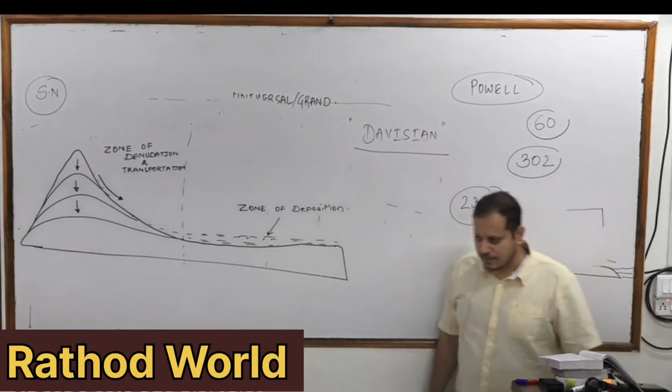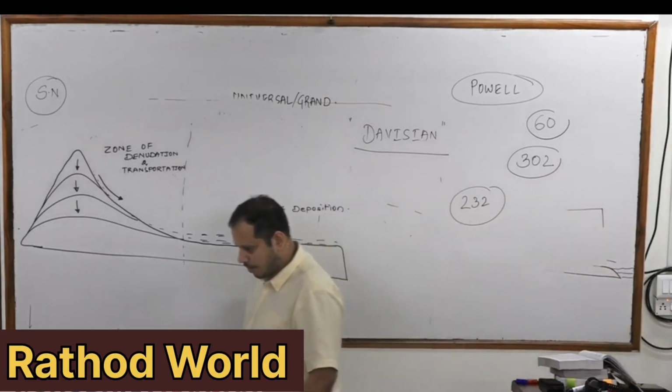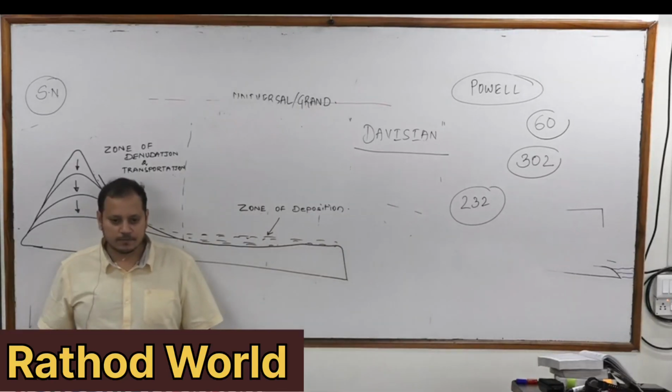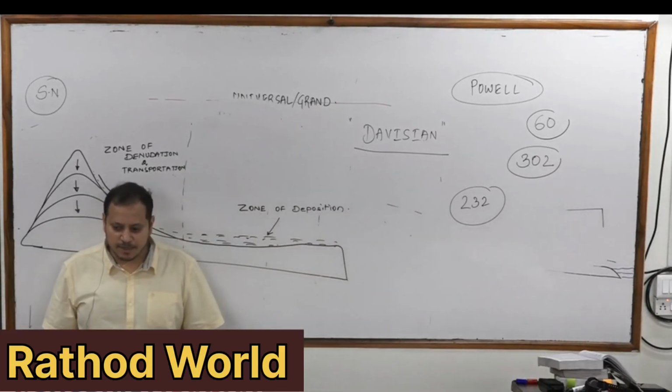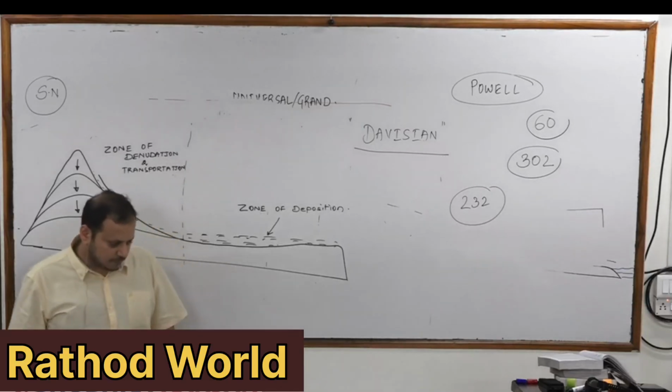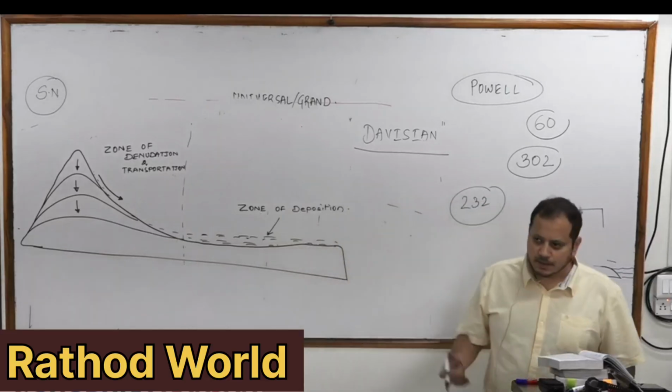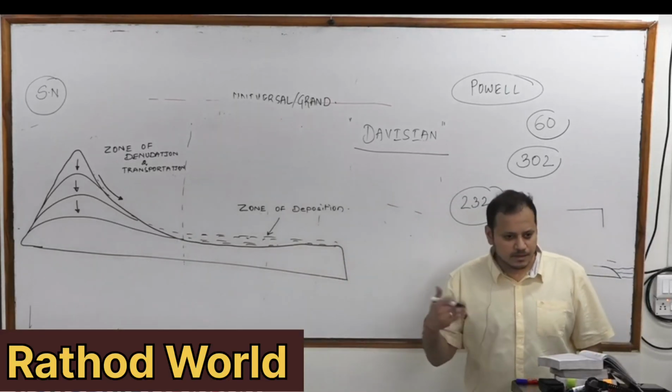Earth's crust has to be stable. Which is very far away from reality. Earth's crust is never stable. It keeps changing all the time.